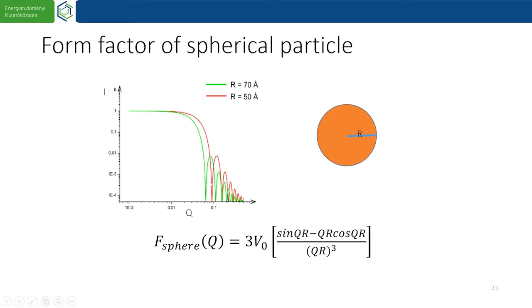So that means if the size of the particle is large in the real space, then the scattering pattern goes to the small q, small angles. So then it shrinks towards 0. And it also means that if the size of the particle is too large, for example, 700 angstrom or 7000 angstrom, then this curve will be moved or shrunk very much towards 0.